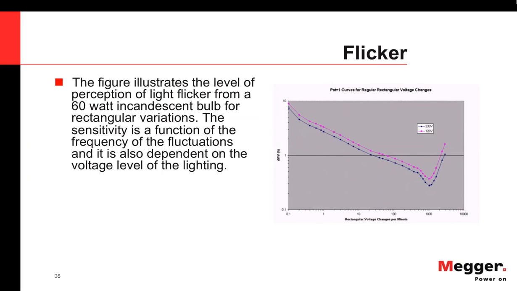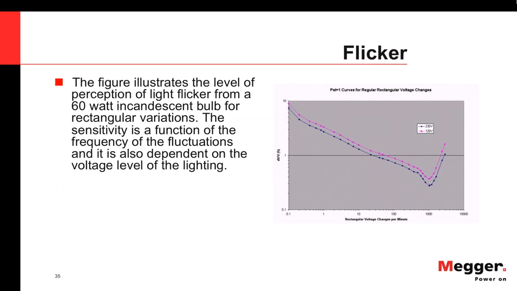What was found was that when the rate of flicker approaches about 8 hertz, the human eye is most sensitive to it. So it takes a very small change in magnitude at 8 hertz for flicker to start being noticeable. As the magnitude increases, it gets irritating, and then it can actually get painful.